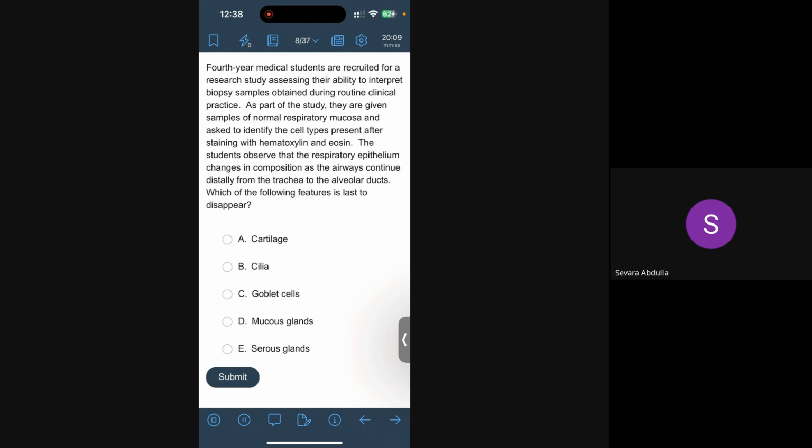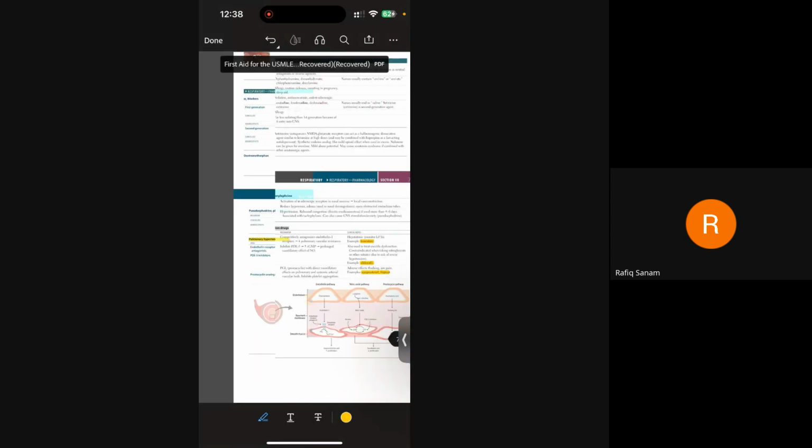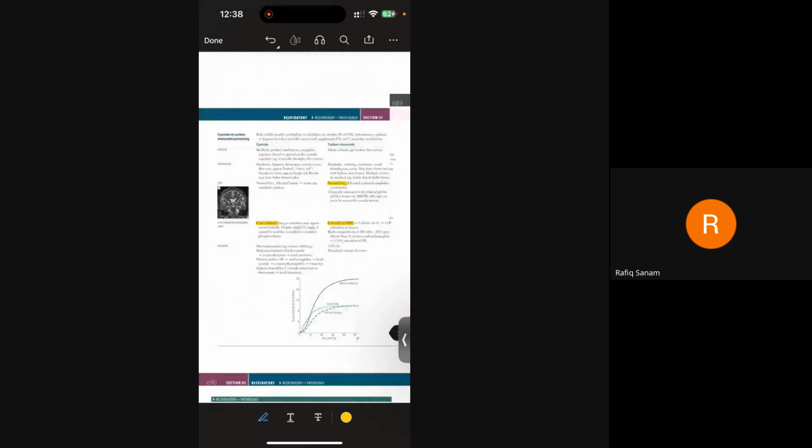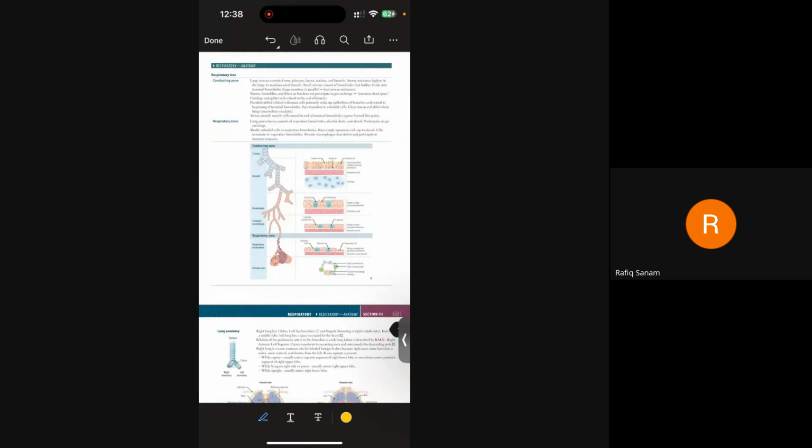So he is asking us which of these features is going to be the last one to be removed from the respiratory tract. When you are observing the respiratory epithelium, which one is going to be the last one to get eliminated? Cilia? Okay, let's see the photo.